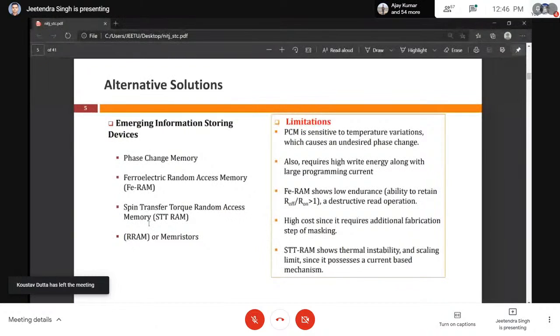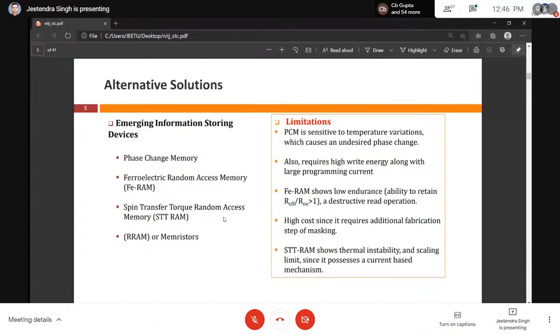The other memory is the spin transfer torque random access memory, which uses spin polarized current. We know that in our electric current we have 50% up spin electrons and 50% down spin electrons. But if either the up spin electrons or the down spin electrons are more, then it is called spin polarized current.